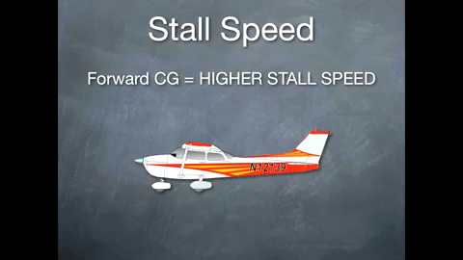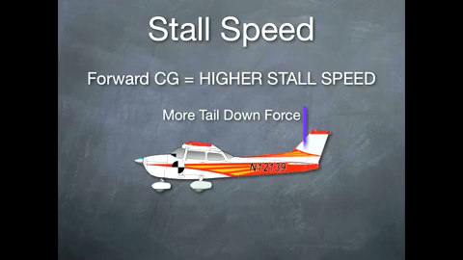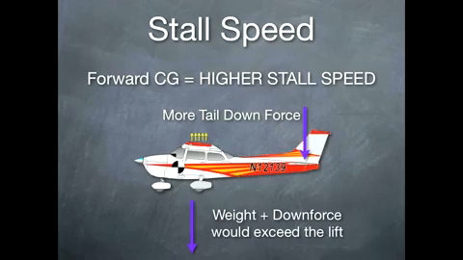A forward CG obviously would have a higher stall speed because a forward CG requires more downforce on the tail. However, this downforce must be countered by an increase in lift on the main wing. Otherwise, the weight from the aircraft plus the downforce would greatly exceed the lift.